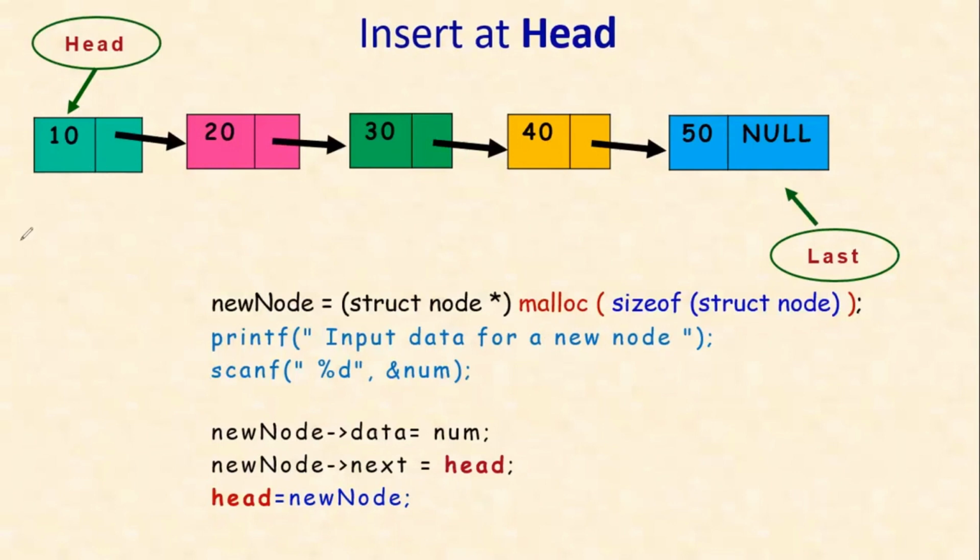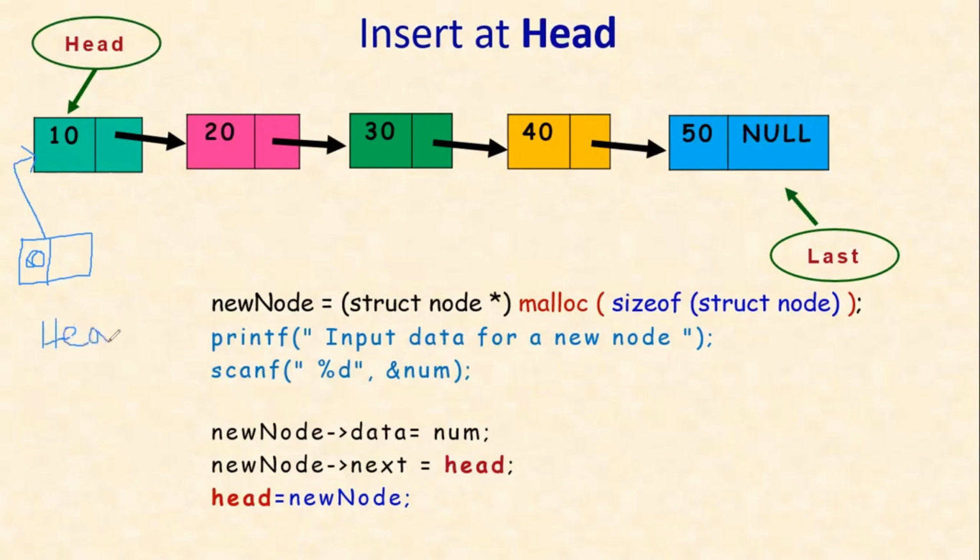Now you have to create a new node and keep some new value, let us say 60, and link this new node to the list. After linking this, the newly created node is the first node. So you have to make it head.